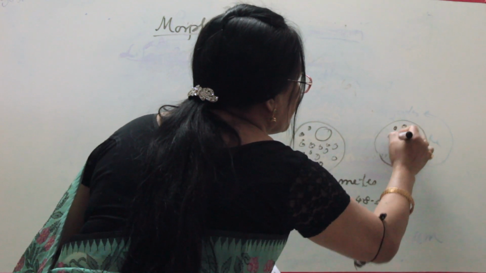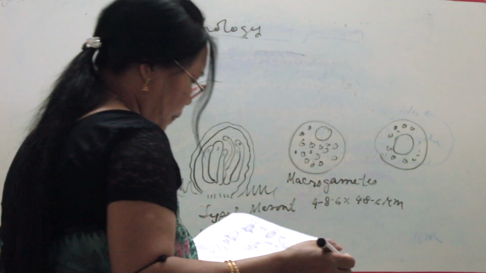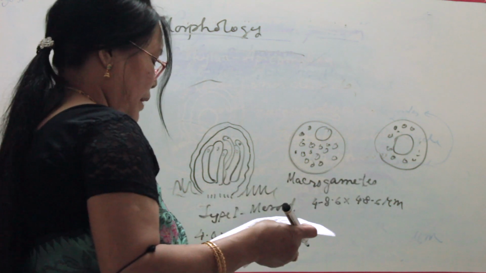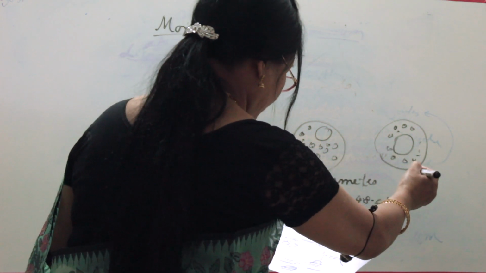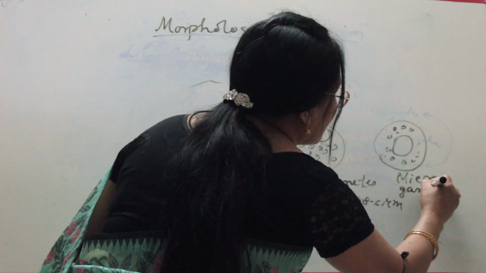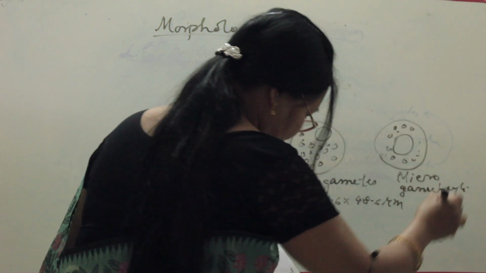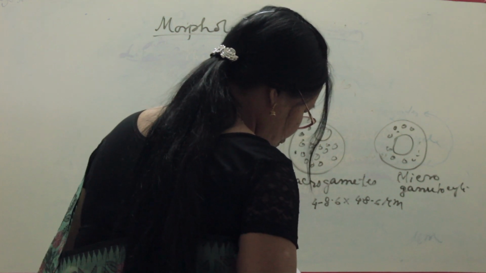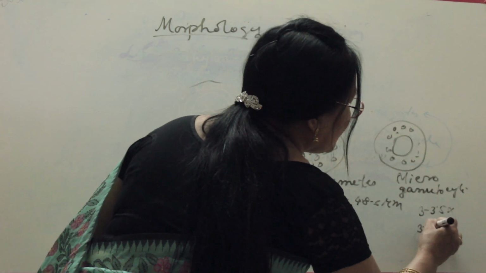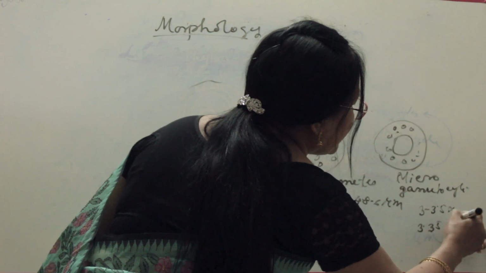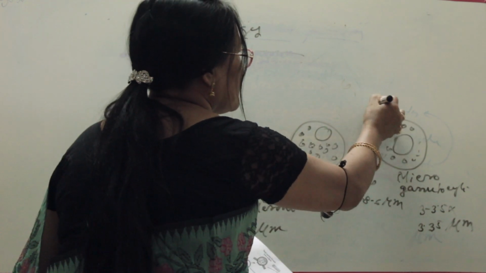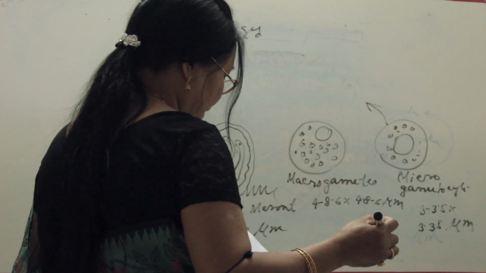From the male structure, the microgametocyte forms. The microgametocyte has a diameter of 3 to 3.5 by 3 to 3.5 micrometers, and from this it gives the microgametes.